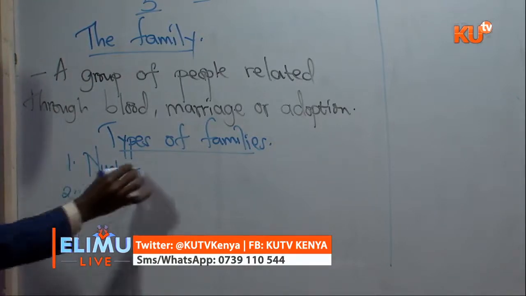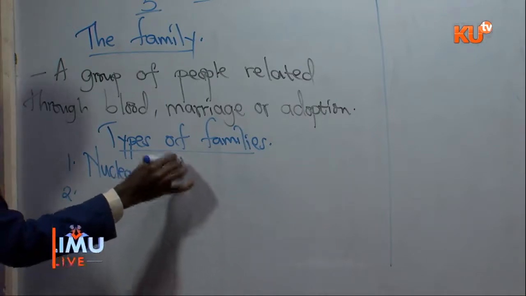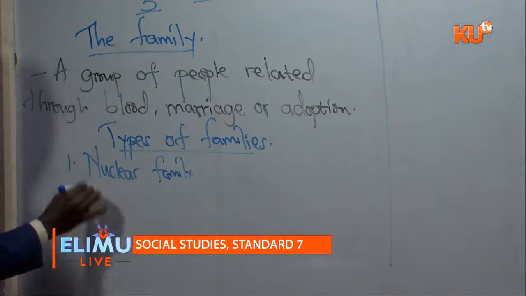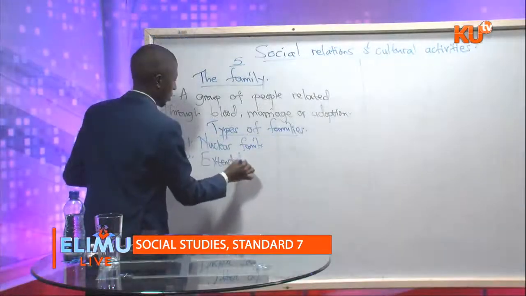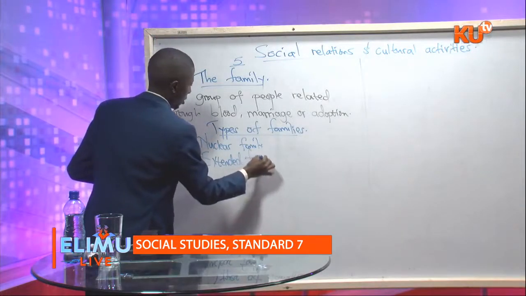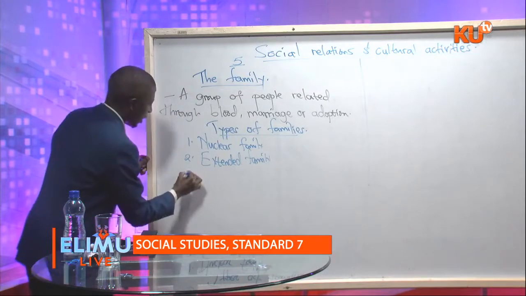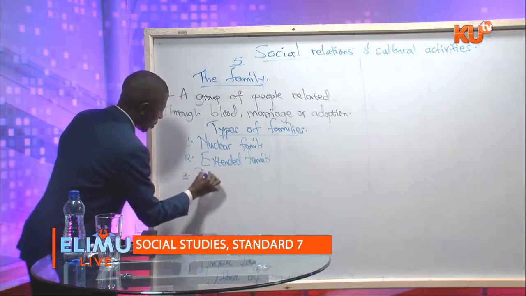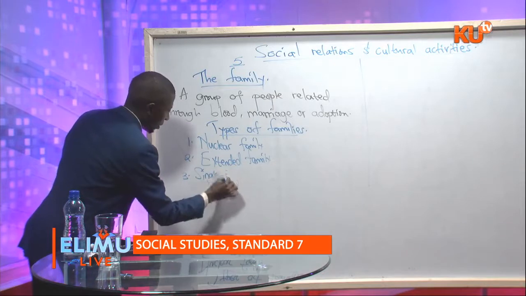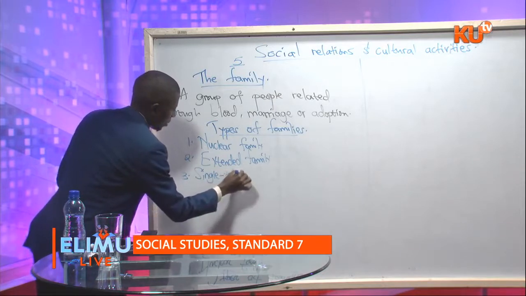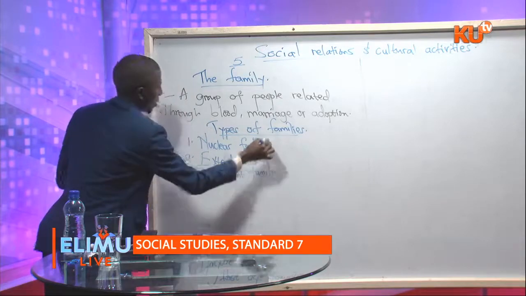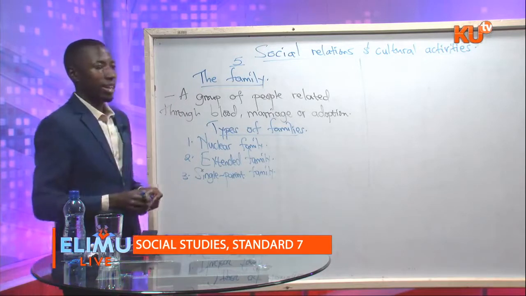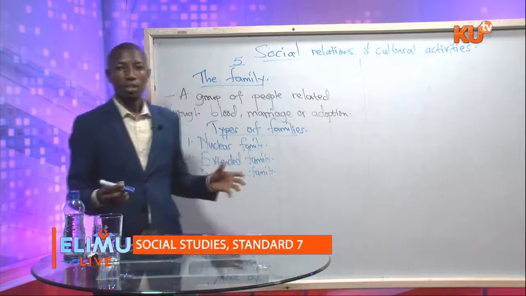The second one is an extended family. And that is a single parent family. Nuclear family, extended family, and a single parent family.